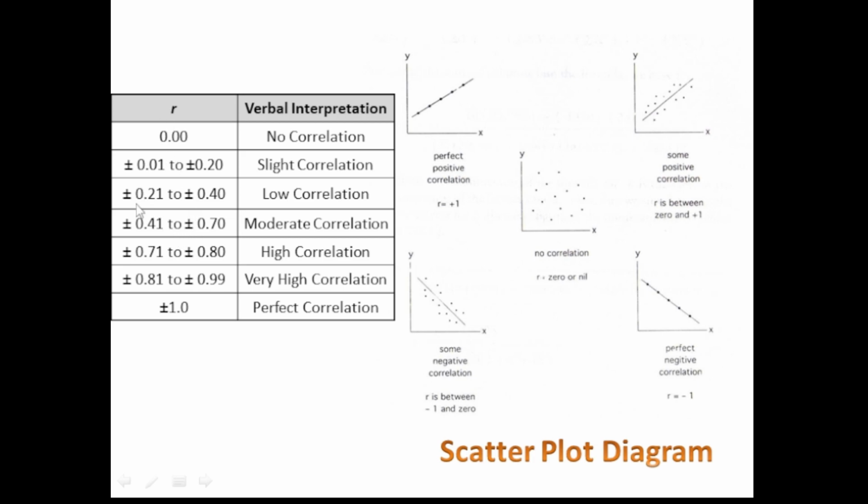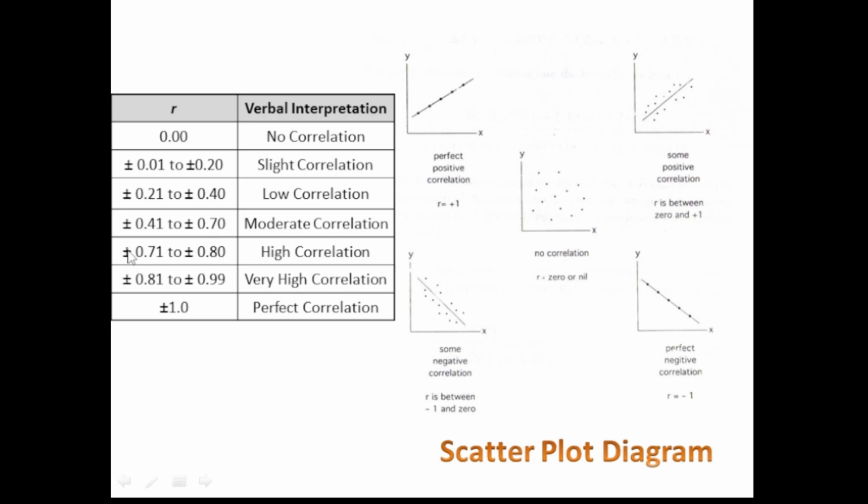Kapag positive or negative 0.21 to 0.40, low correlation. Umangat ng konti, pero low pa rin. Next, yung result natin ay between positive or negative 0.41 hanggang 0.7, siya ay moderate correlation.